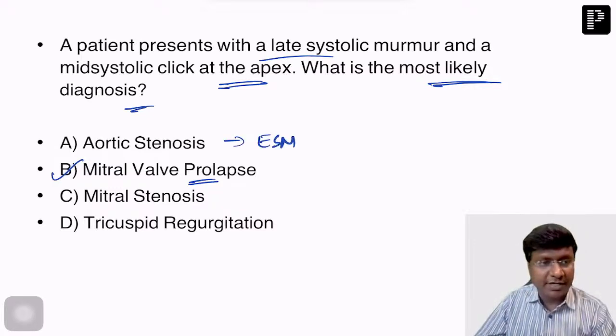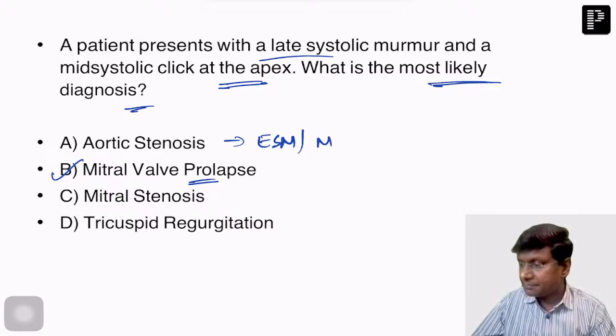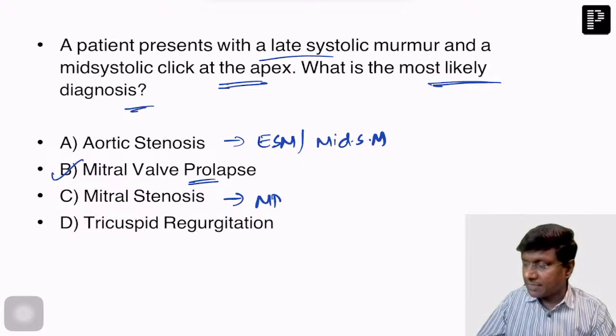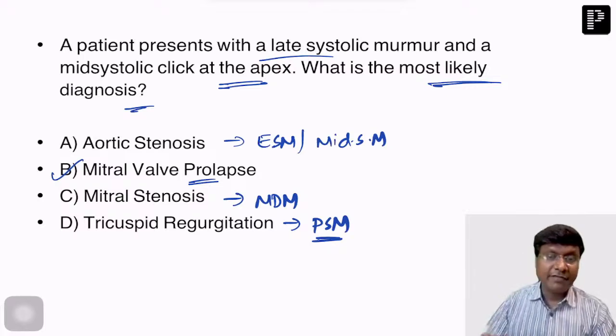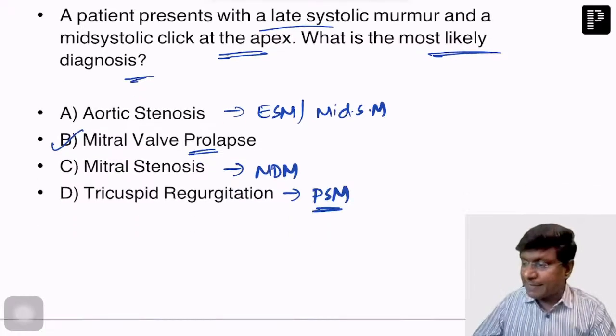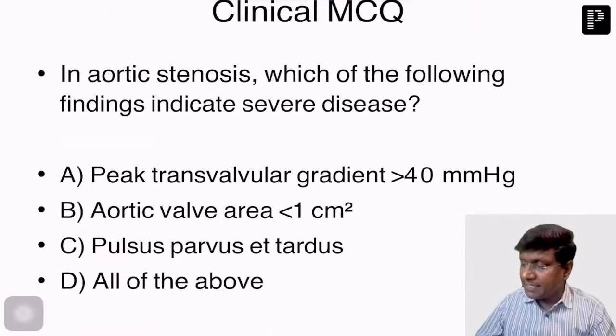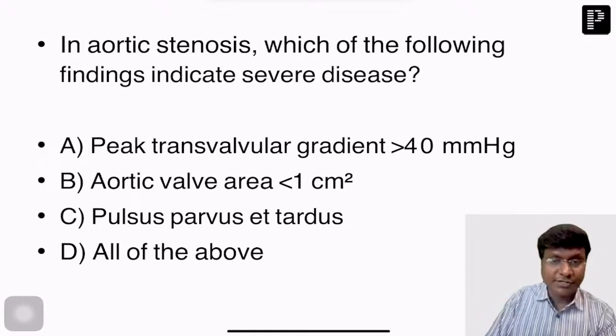It is an ejection systolic murmur or mid systolic murmur. MS, it's a mid diastolic murmur. Whereas in TR, it is a pansystolic murmur. Right? So in MVPS, the most common clinical manifestation is palpitations, and the drug of choice will be beta blockers.